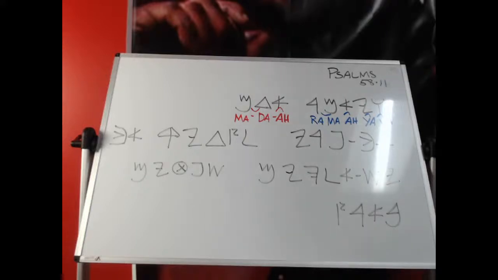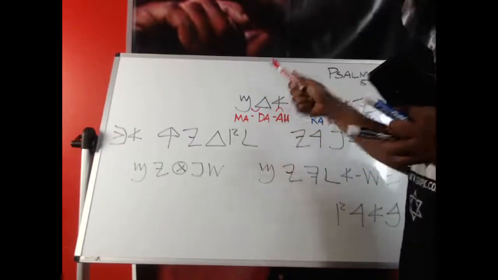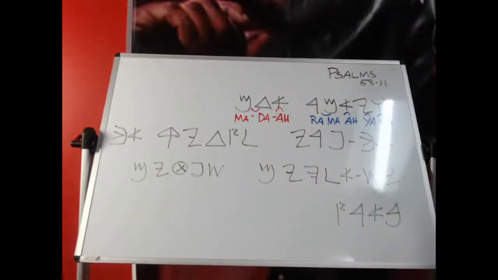We got waya, amar. So now put this one together. Da, ma. Adam. There we go. Very good. Give the brother a hand. My man gave me 2 words in the building. Waya, amar, Adam. Okay. Officer Napash, you're up.